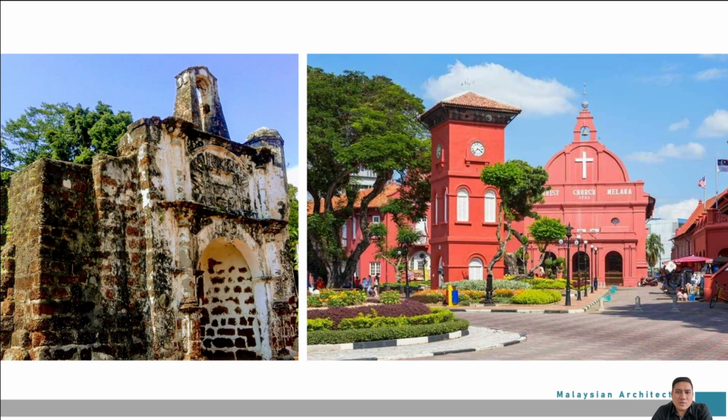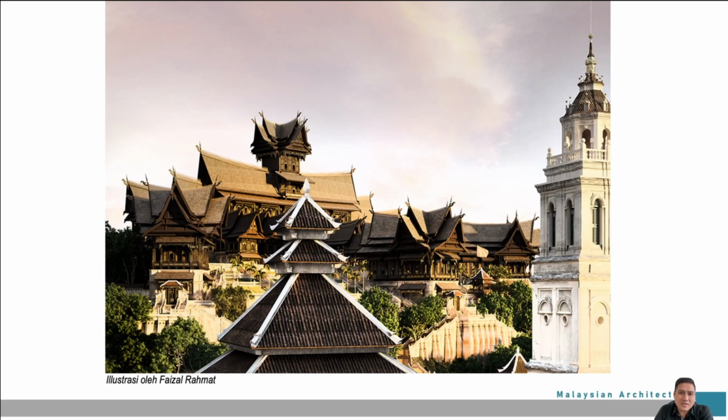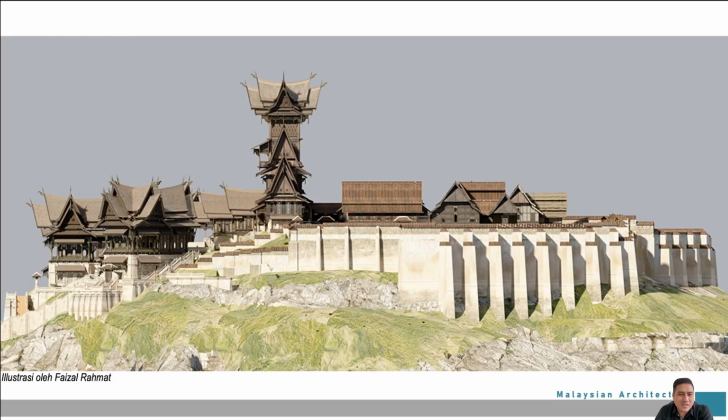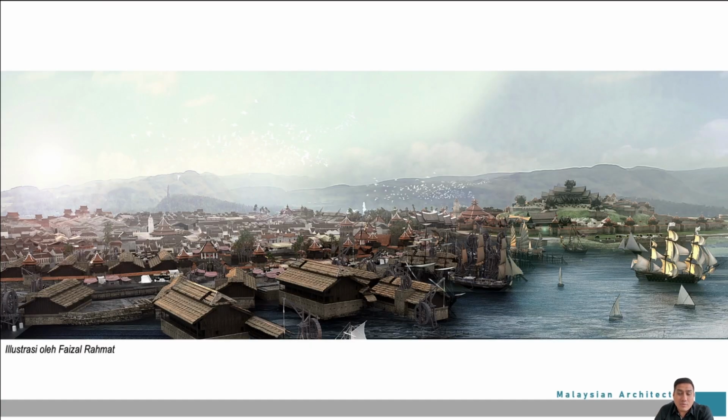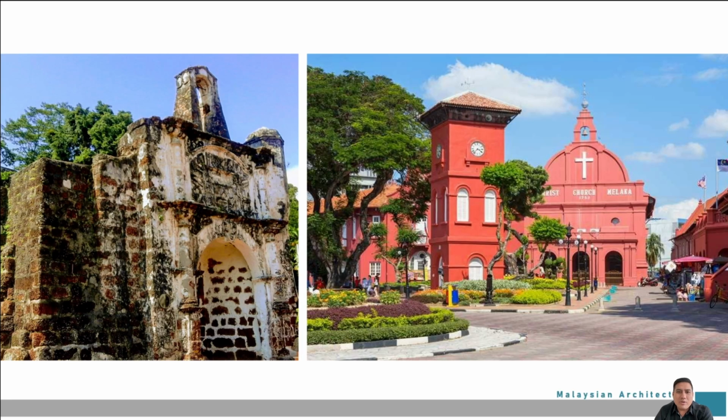Okay, so previously you saw a very Nusantara kind of language and very Malay traditional architecture language in this particular building in Malacca. So what happened?